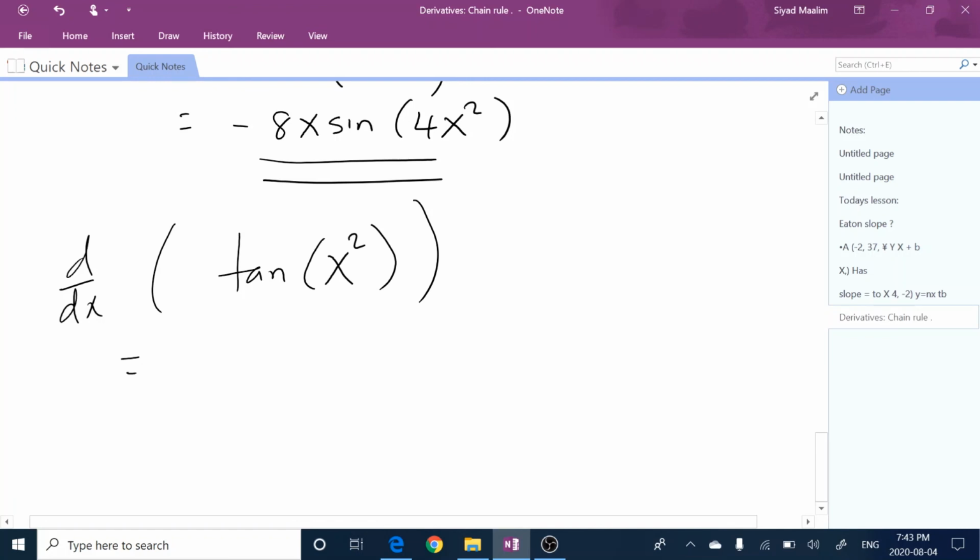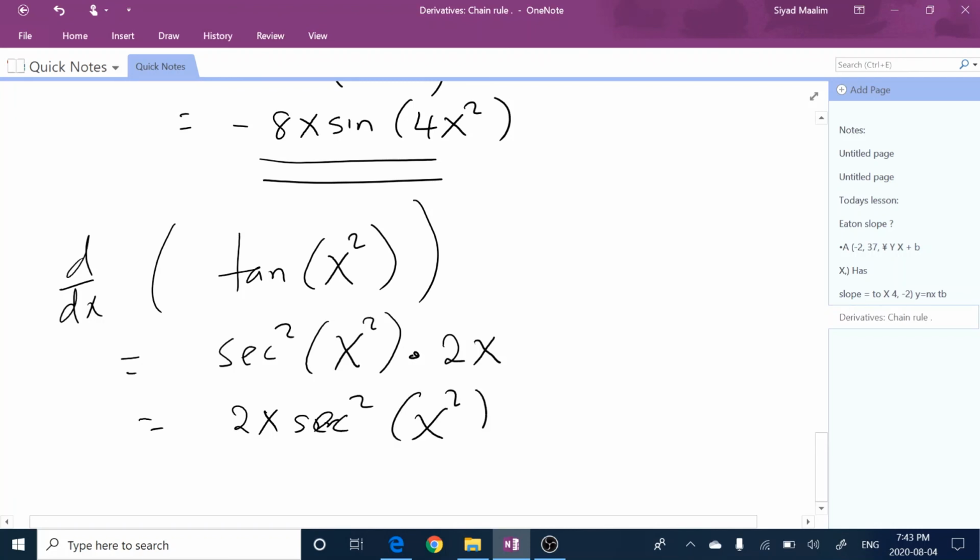So the derivative of tan is secant squared. Keep whatever is inside the bracket the same, multiplied by the derivative of whatever is inside the bracket. The derivative of x squared is 2x. Therefore, the answer is 2x secant squared of x squared. And that is the answer to this problem.